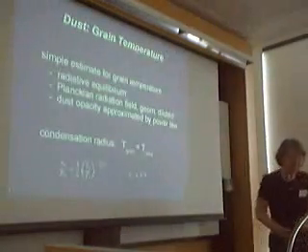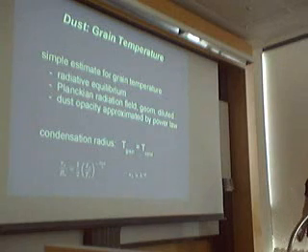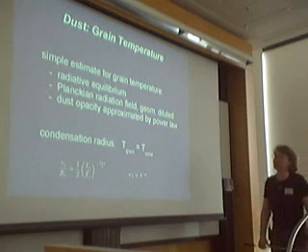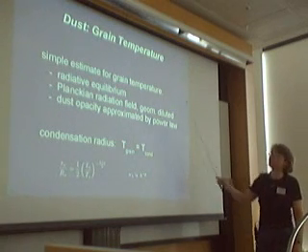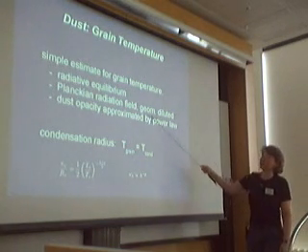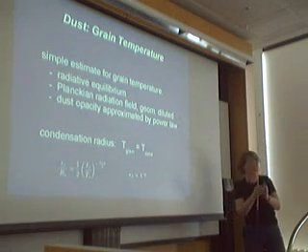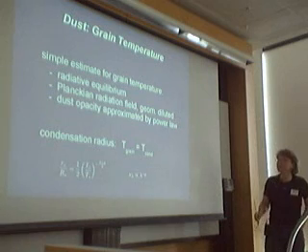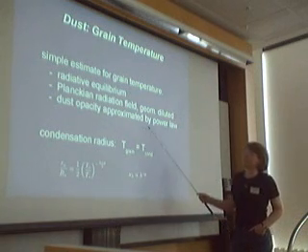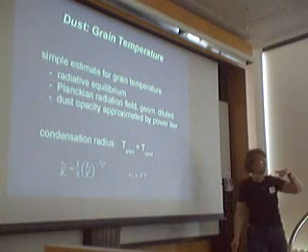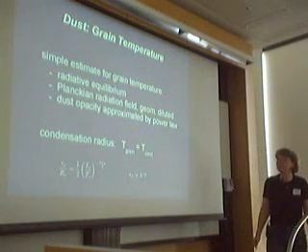Why is that? You can make very simple estimates for grain temperatures by assuming radiative equilibrium, assuming a Planckian radiation field, and a geometrical dilution as you go away from the star. And then you just approximate the dust opacity by a power law in this region where you have the maximum of the flux.